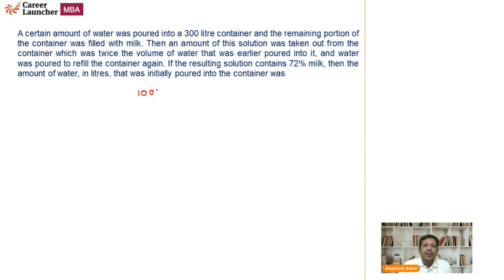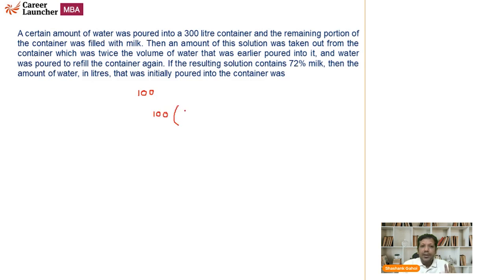So out of 100 liters, there was some water and some milk. Okay. So if I look at this question, I am rephrasing this whole question. If you read this question very slowly, I am rephrasing it completely. I have 100 liters of pure milk.